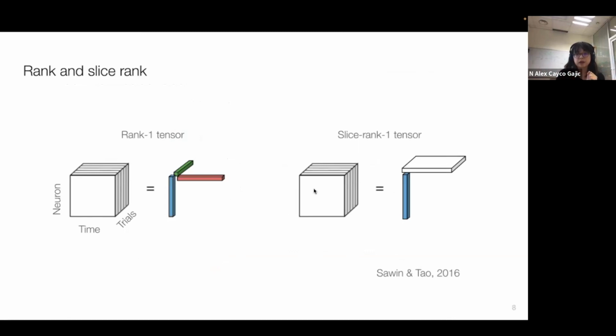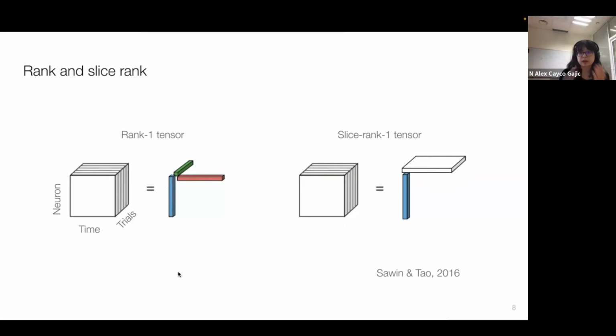So here, on the left, a rank 1 tensor is the outer product of 3 vectors, but in a slice rank, the slice rank 1 tensor is the outer product of a vector and a matrix now. And so the difference, for the mathematicians out there, is that this matrix is no longer constrained to be rank 1, as it is on the left.